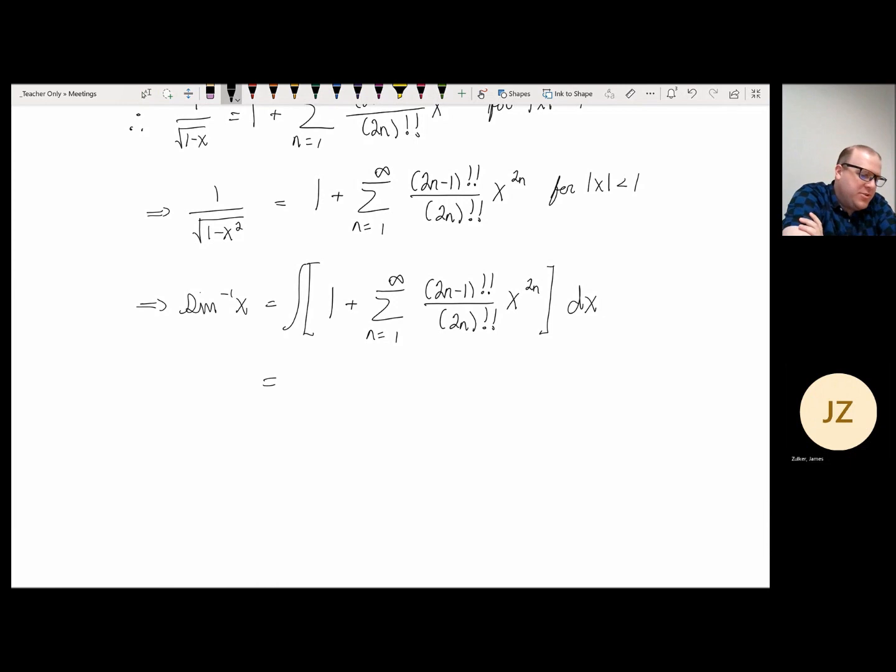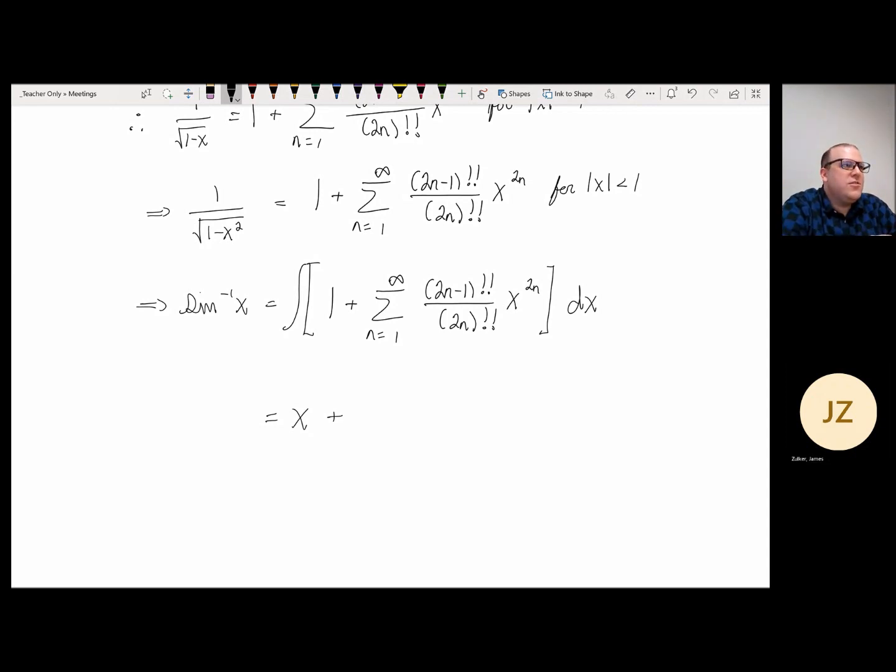Well, the antiderivative of 1 is just x. When doing the antiderivative of a sum, you're allowed to just pull the integral into the sum, right? Because integrals are linear.